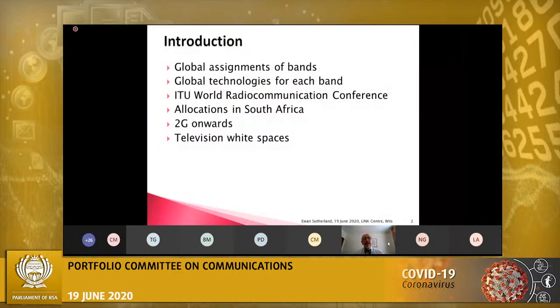Central to that is this strange entity, the World Radio Communication Conference, from which flow allocations within South Africa, and we'll look at the generations from 2G onwards and some specific points about TV white spaces and one or two other quite specific areas of application.